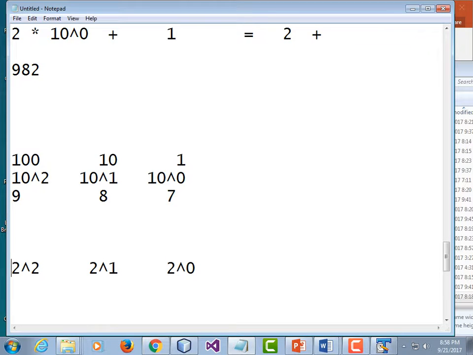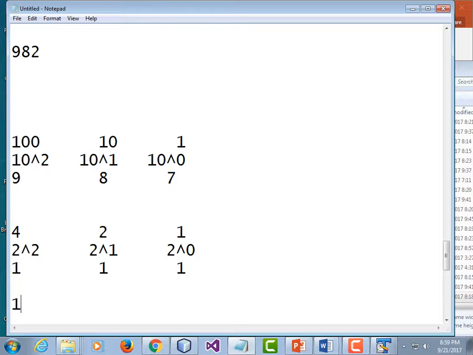So what is 2 to the power of 2? 4. And then what's 2 to the power of 1? And then what's 2 to the power of 0? Well, there we go. So if we have the number 111, let's just go whole hog and max it out, that means 1 times 4 plus 1 times 2 plus 1 times 1.